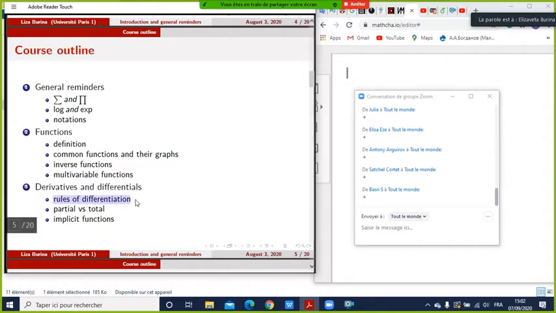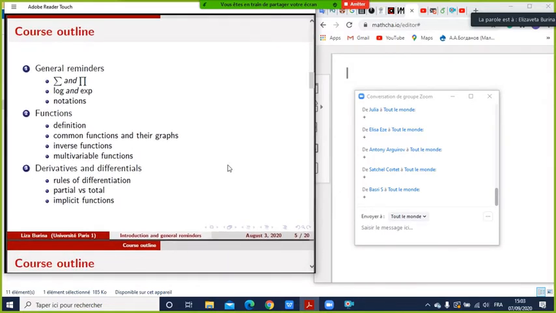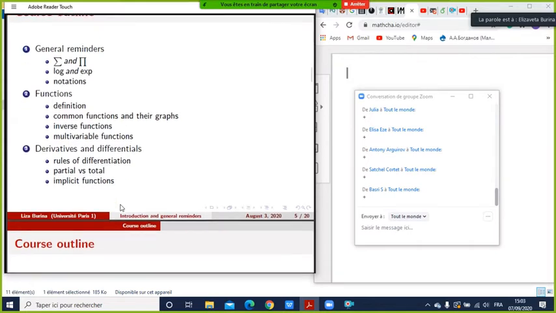Rules of differentiation, most likely you know them, but maybe someone forgot, maybe someone prefers forgetting right after passing the exam. That happens, so you're going to learn them again. Partial, total, because we're going to deal with multivariable functions, and we're going to talk about implicit function derivatives and how we can use them. This part, derivatives and differentials, you're going to use in micro all the time, in macro sometimes, in economic growth all the time, and in econometrics not that much.